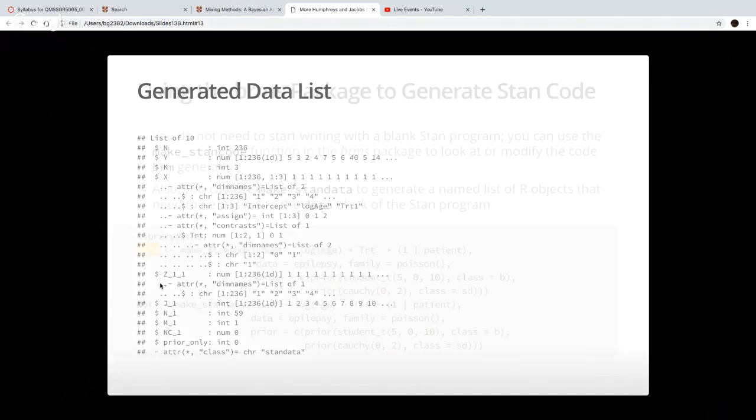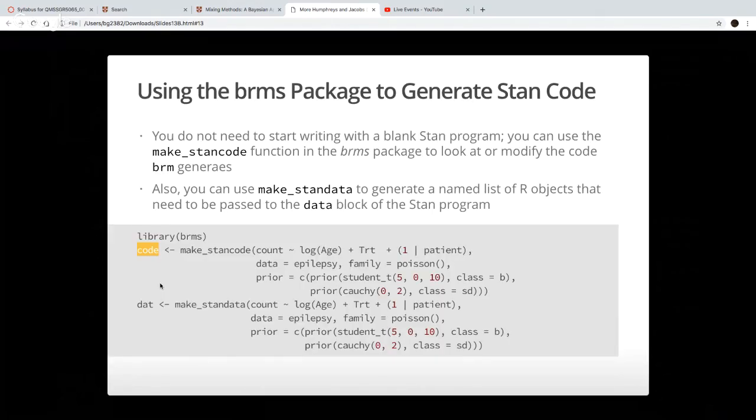So this is a multi-level model with separate intercepts for each patient that has some sort of epilepsy condition, modeling the count of the number of seizures as a function of their age and their medication. And then you have this person-specific additional shift in the severity of your epilepsy symptoms, and priors for everything as well.